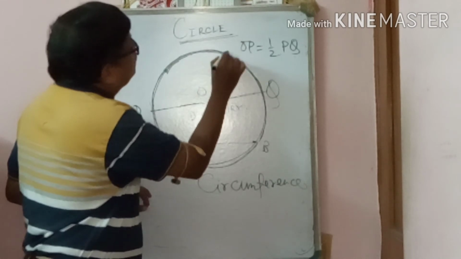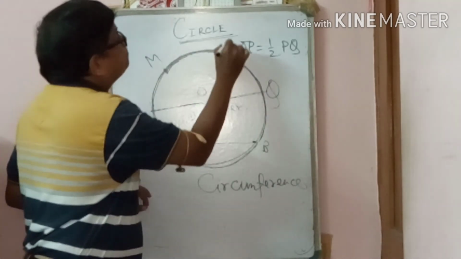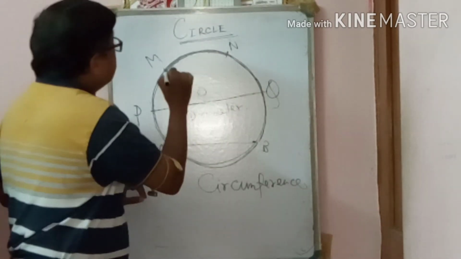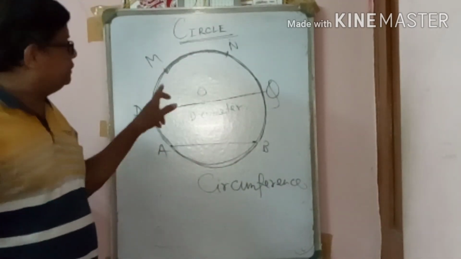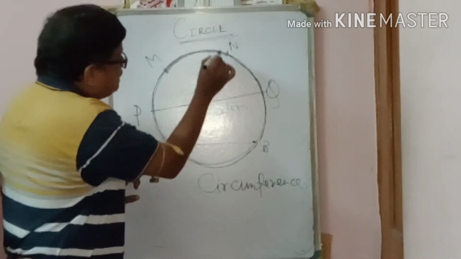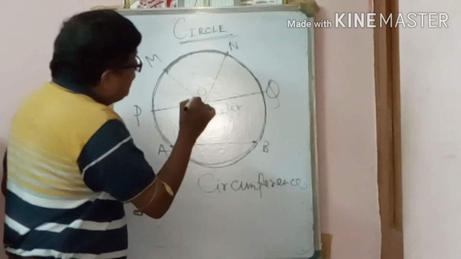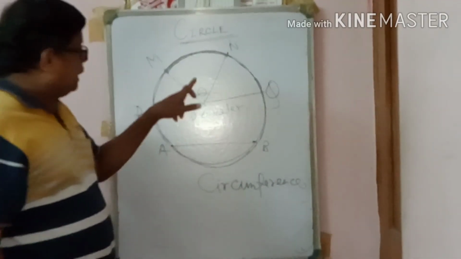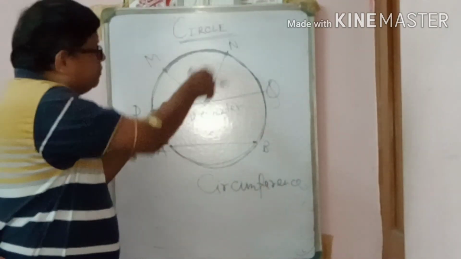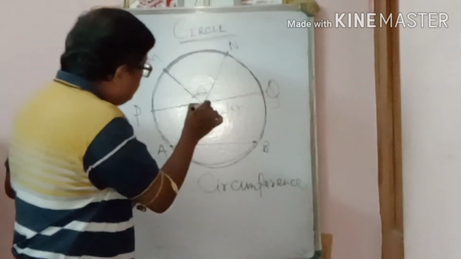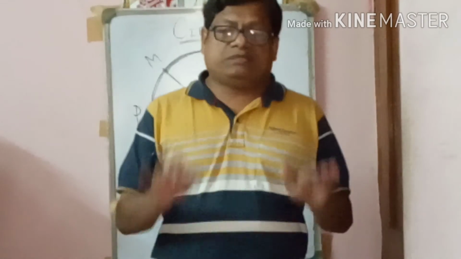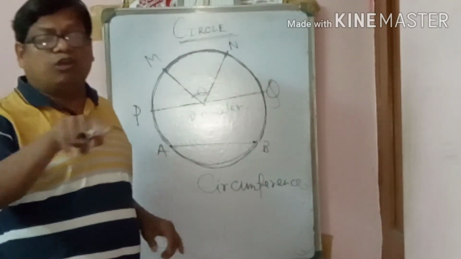See this part. Suppose MN. So this is an arc. Now, if we join the center here, just join the center, one angle is formed. Angle subtended by an arc. This angle we can also call the central angle, or angle at the center.